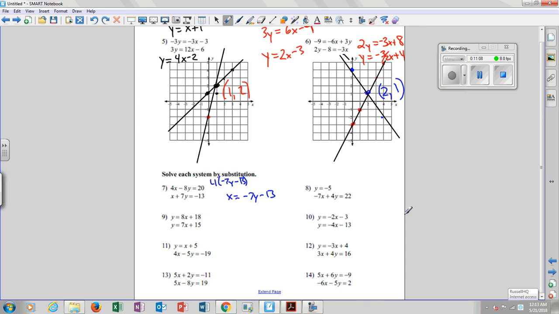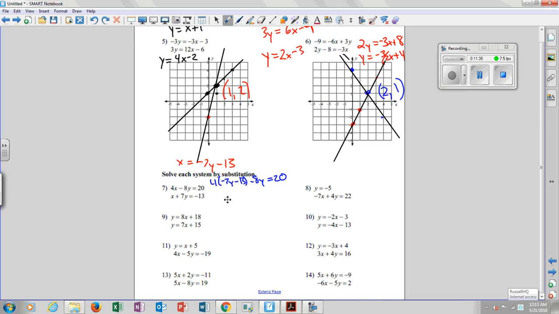You just put it in for x because it's equal to all that, so they're the same thing. Minus 8y equals 20. I'm going to rewrite that x equals negative 7y minus 13 over here. Okay.